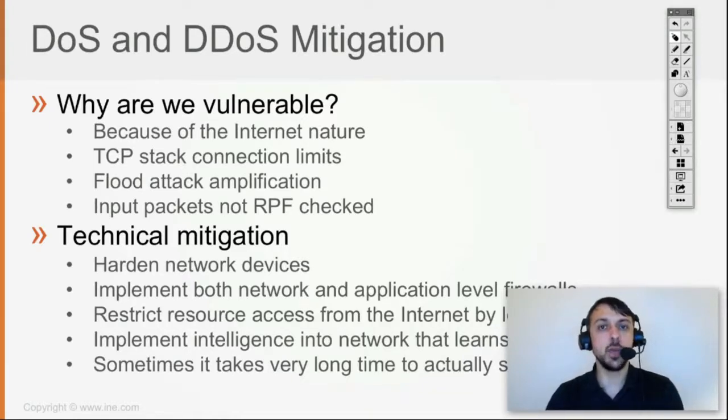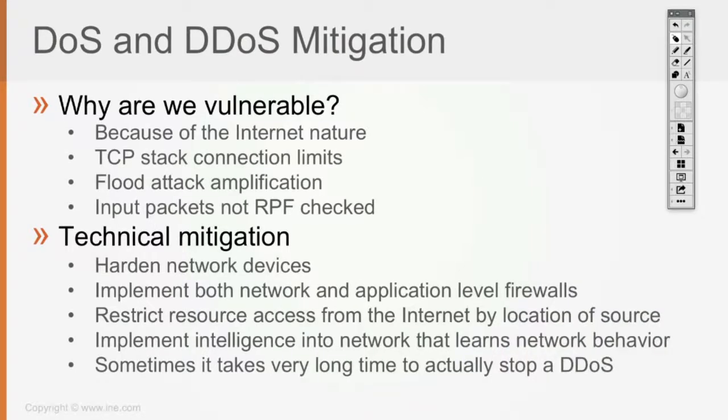So if the resource should be available only within the country, then it makes sense to deploy such a network security policy based on the location of the source to allow or disallow access. So it's very basic and very efficient.